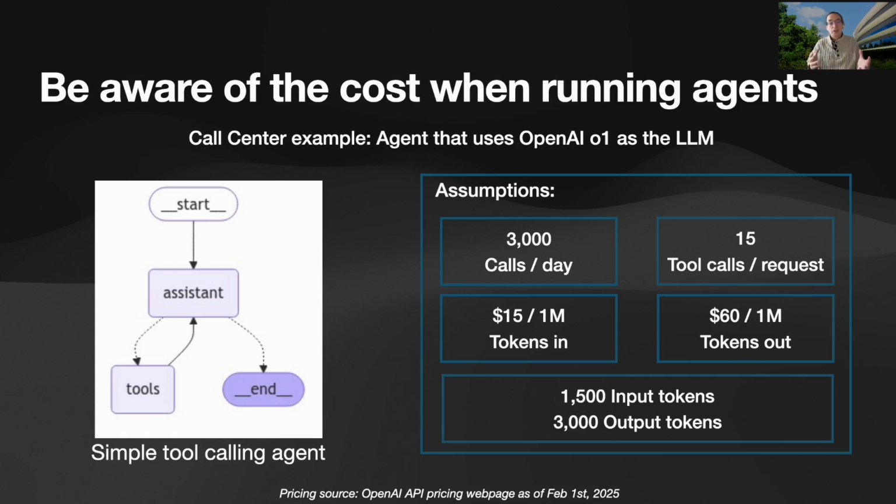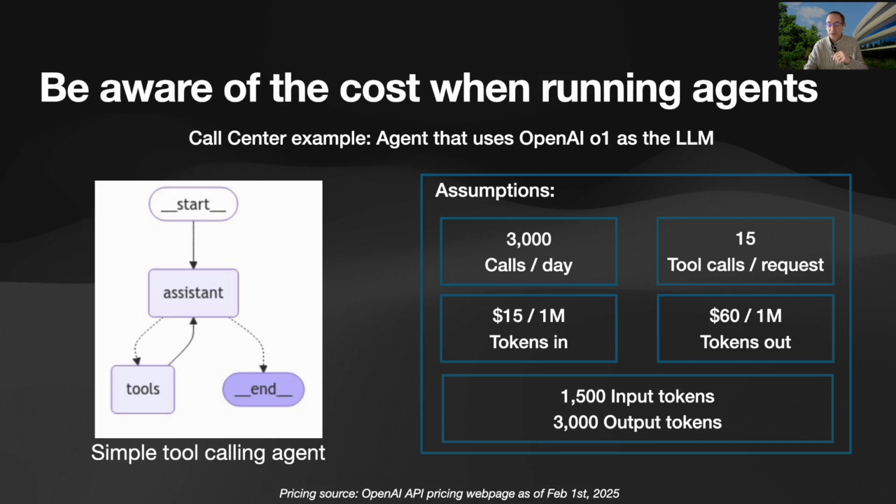And if we assume that we're inputting 1,500 input tokens and 3,000 output tokens, meaning we're sending a bunch of information into the LLM, and the LLM is outputting a bunch of information out, let's figure out how much that will cost us, right? Because it sounds like very little, $15 per 1 million tokens, right?